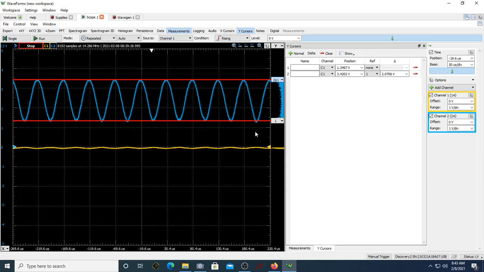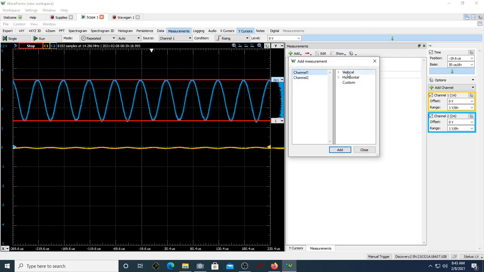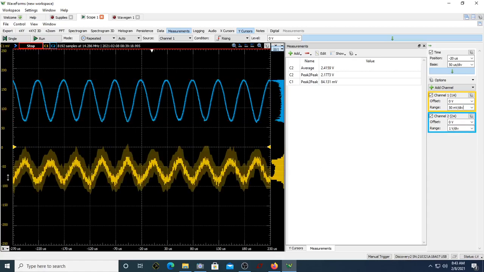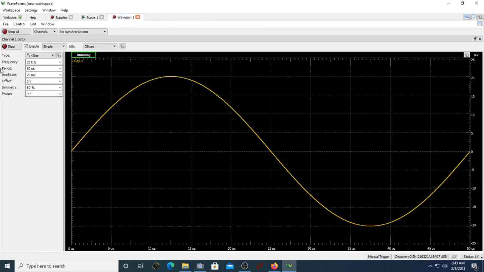I recommend not to measure the input amplitude from either the cursors or the peak to peak of this one. Suppose I try to measure the peak to peak of channel 1, you can see what we are going to get. It is showing 84 millivolt, which is not the case. You can see these spikes are going to be picked up, but the actual waveform that you applied is exactly 20 millivolt peak.